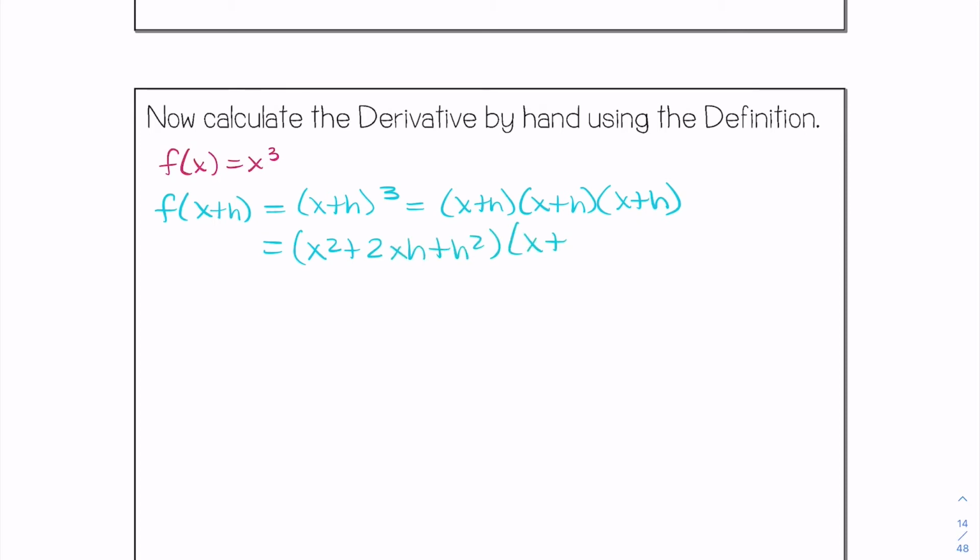That's still times x plus h. And then when I multiply it again, we're going to get x cubed plus 2x squared h plus xh squared, plus x squared h plus 2xh squared plus h cubed.